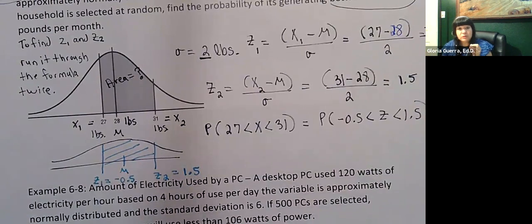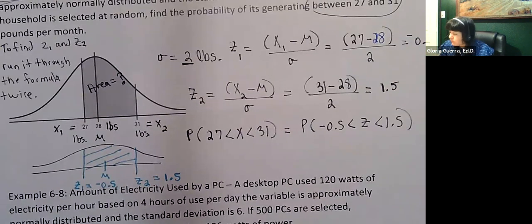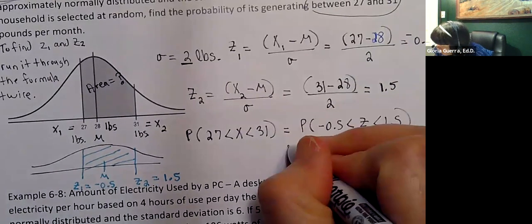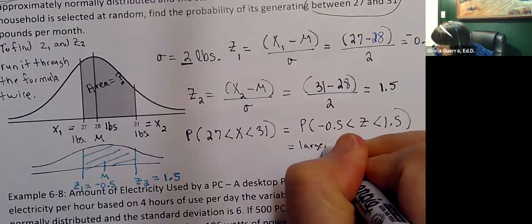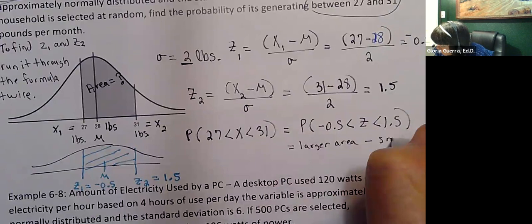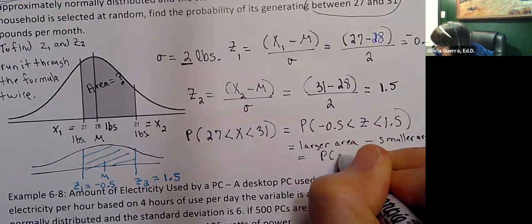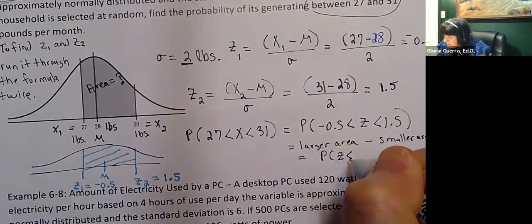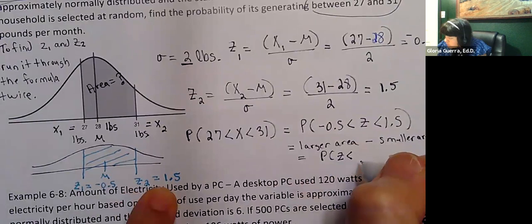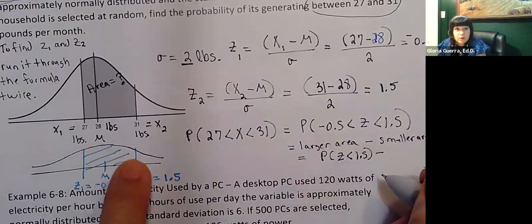Okay, and I'm going to use the tables first. And when I use the tables, remember I have to do the larger area, take away the smaller area. So the larger area looks like this: probability of Z is less than 1.5. This is a larger area, all of this.